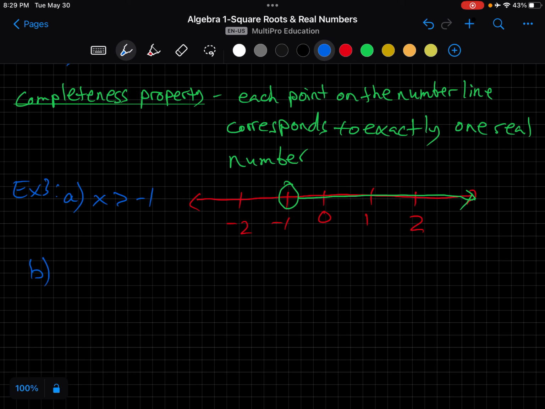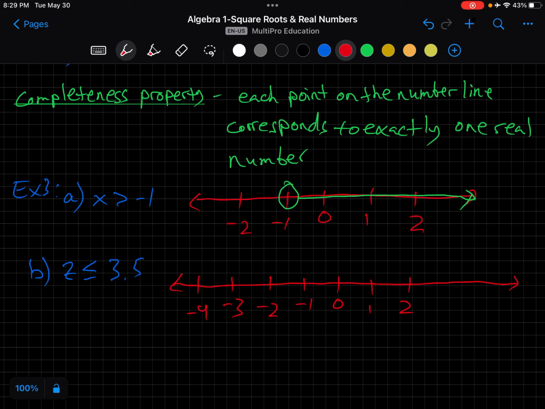Let's look at another example. Let's do when z is less than or equal to 3.5. Let's draw another number line here. Let's have 0, -1, -2, -3, -4, and 1, 2, 3, and 4. We need to find 3.5.